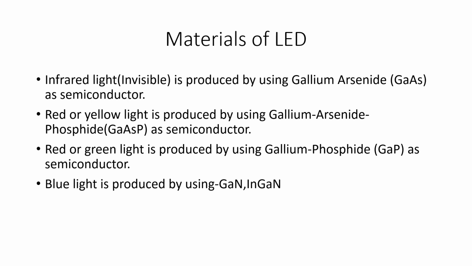And if you use gallium phosphide alone, you can get green and red light. Suppose you want a blue light, in that case use a material such as gallium nitride or gallium indium nitride. And this material selection determines the colors.